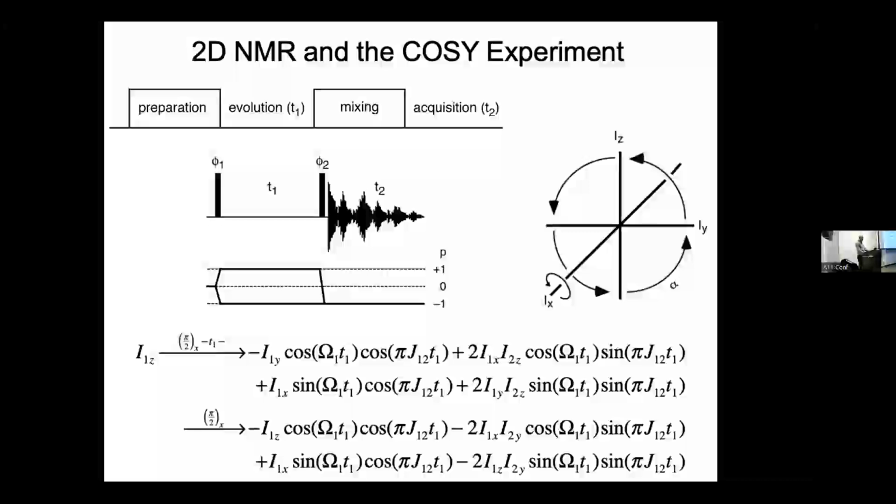In this case, the pulse is non-selective, so I have to rotate both the I1 operators and the I2 operators. And I know, for example, here that minus IY magnetization rotates towards minus IZ magnetization. So I've done that with this first term. Minus IY became minus I1Z.